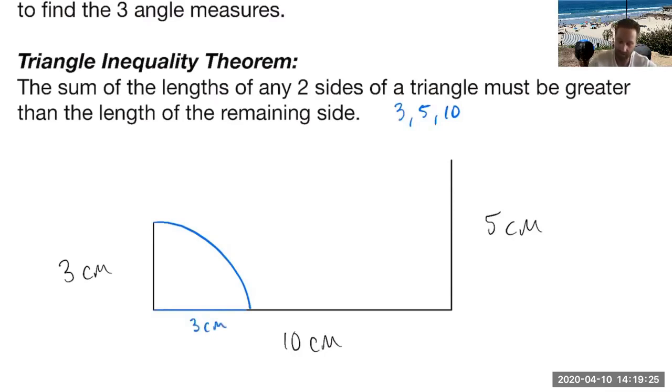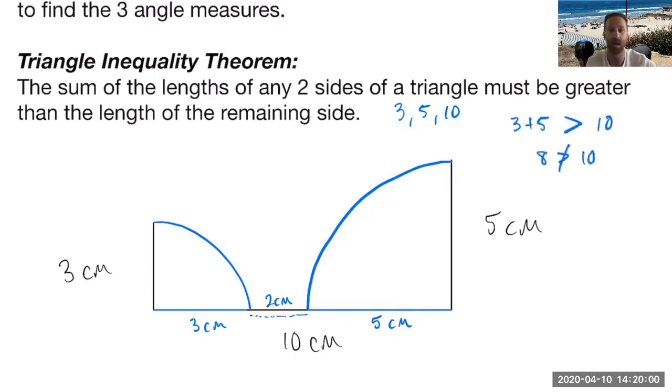And if I did the same thing with the 5 centimeters, hopefully you can see that this length would be 5 still, which unfortunately only gives us 8, which means we are 2 centimeters short from even connecting because of the length of 10 on the base and the bottom down there. So that's why if we were to take the 3 plus 5 and see if it was strictly greater than the third side, we can see that 8 is not greater than 10, which is why we cannot make a triangle.